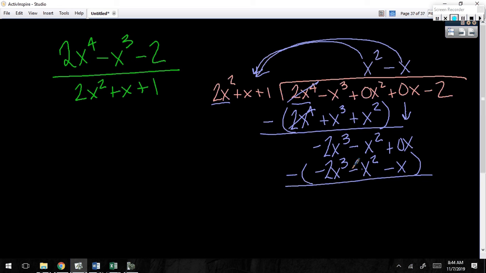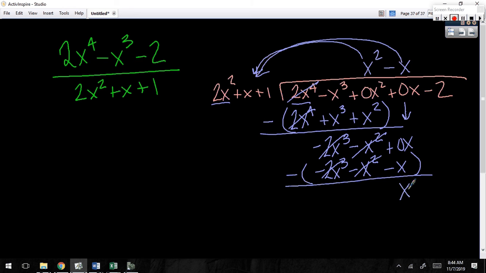They can't possibly cancel out. I know, because it's minus. What's negative x squared minus negative x squared? Which is nothing. What's 0x minus negative x? It's x.